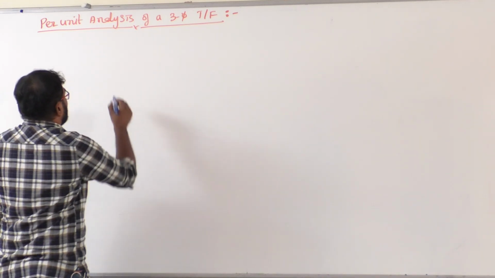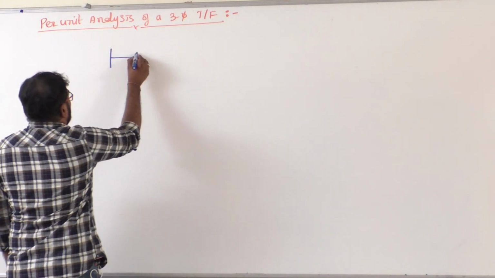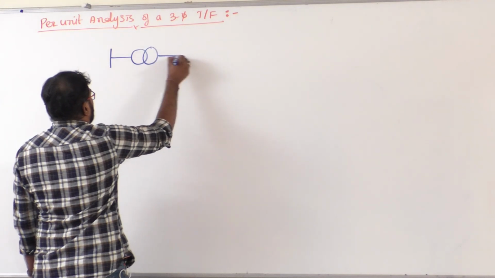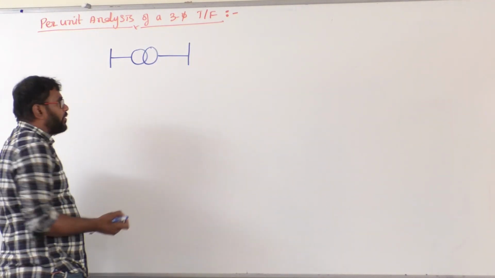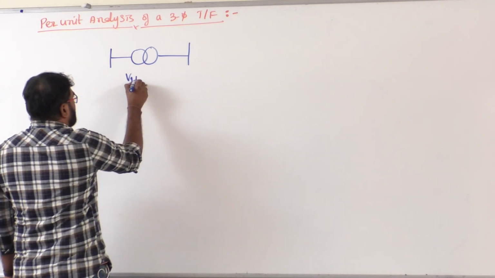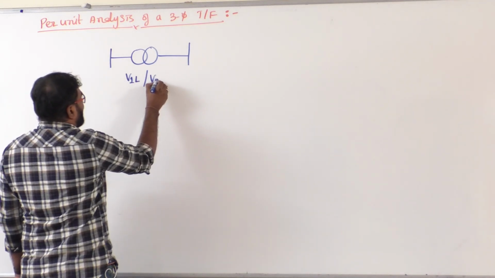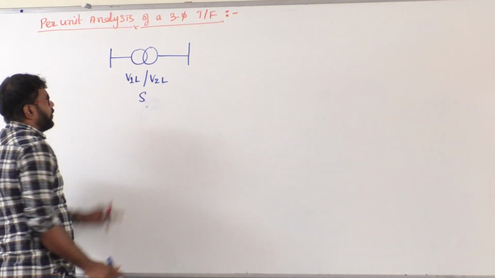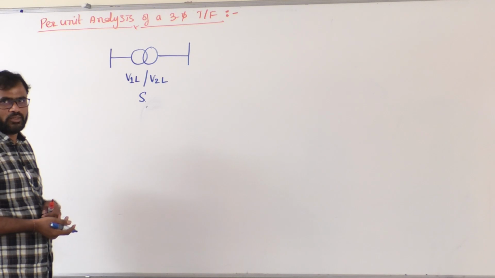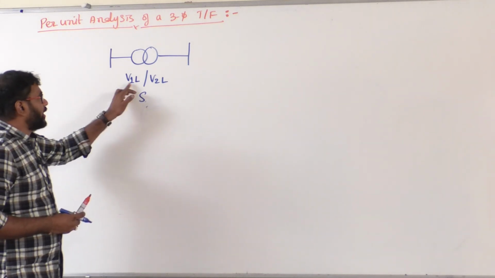Sir, if it is a 3-phase transformer, then the first important thing is the transformation ratio. But if the rating is given, what rating is given? The line voltage rating in the primary and the line voltage rating in the secondary, and S is nothing but the 3-phase apparent power. This is given for us. By default, what is the rating here?